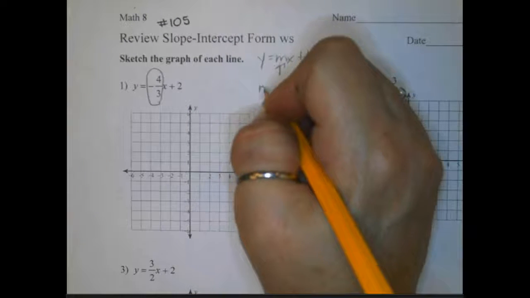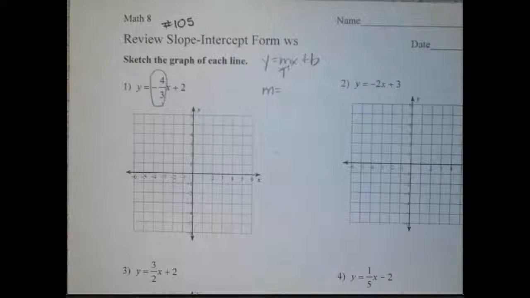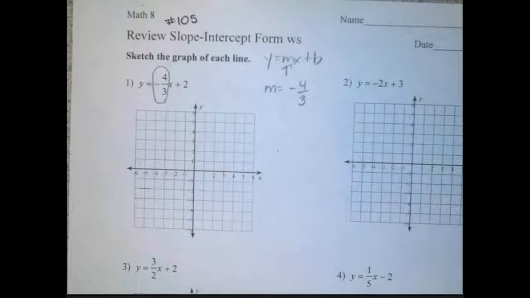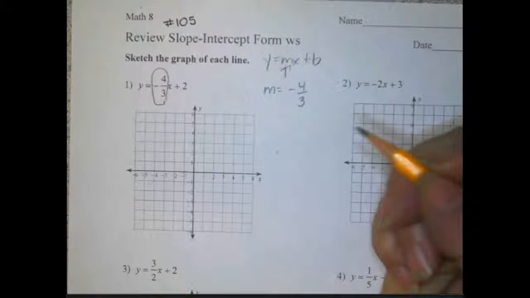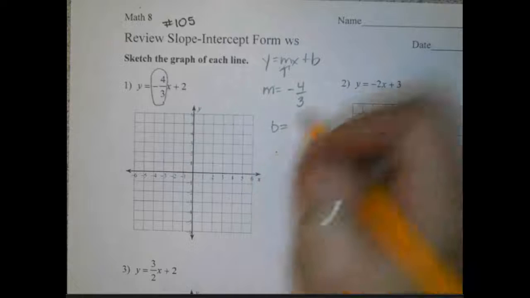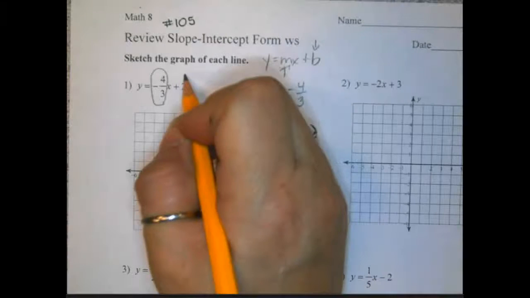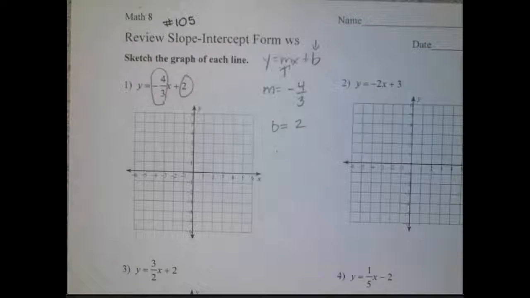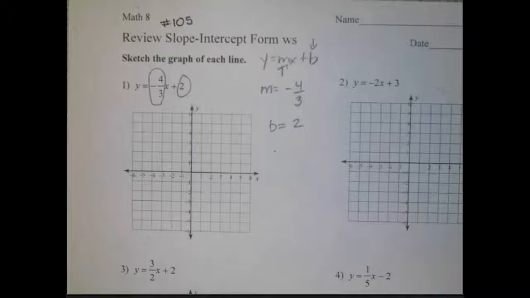So m is negative 4 over 3. What is my y-intercept? So my b, this here, is at the end of my equation. Okay? So far, so good.